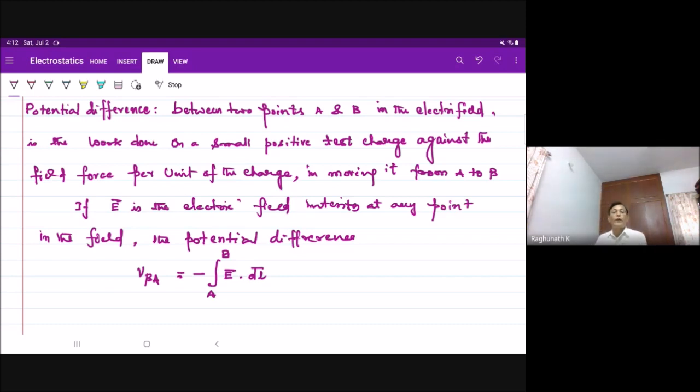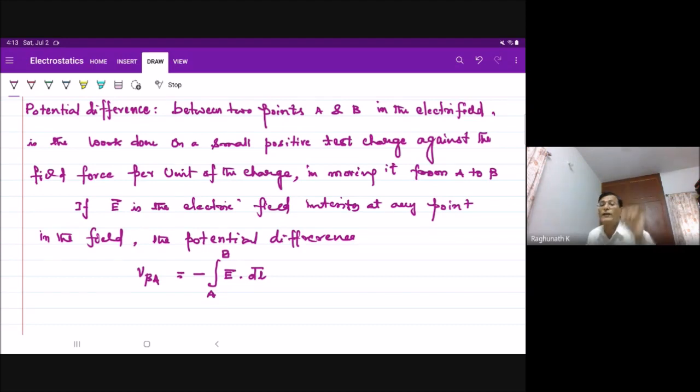If E bar is the electric field intensity at any point in the field, the potential difference VB with respect to A. We know in electronic circuits, we do talk about VCE, when emitter is connected to ground. Basically, VCE is the potential difference between collector and emitter. We give the supply to C, and E is common point.